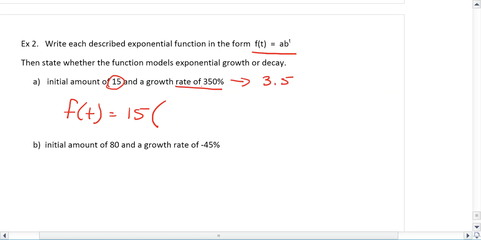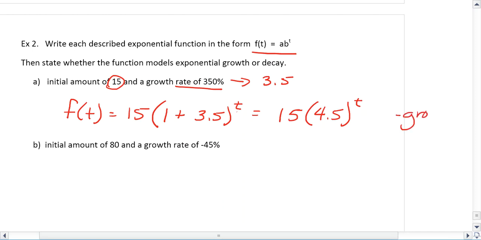Since it's increasing, because this percent is growing, we know this is a growth problem, so we have to have 1 plus the 3.5 raised to the t power. And so I'll put that together, and have 15 times 4.5 to the t. And quite clearly, this is an exponential growth problem.